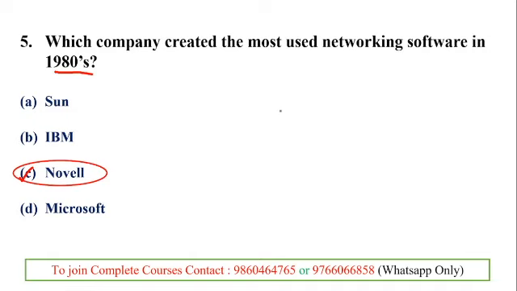It is based in Provo, Utah, with headquarters in Utah, and it created a network that is still one of the most used PC networking systems in the world. Clear? You can see other companies also, Sun, IBM, Microsoft, which are other important companies, but they emerged later than Novell.